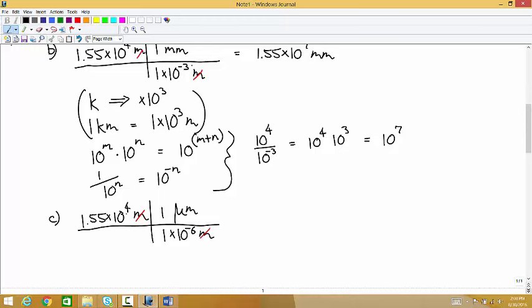And so this is equal to 1.55 times 10 to the fourth times 10 to the positive sixth, which is 1.55 times 10 to the 10 microns.